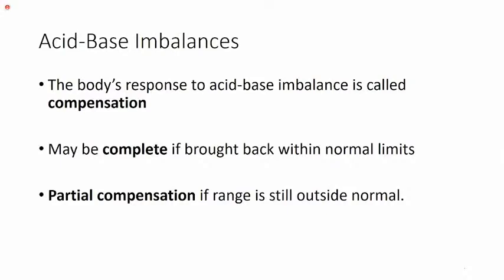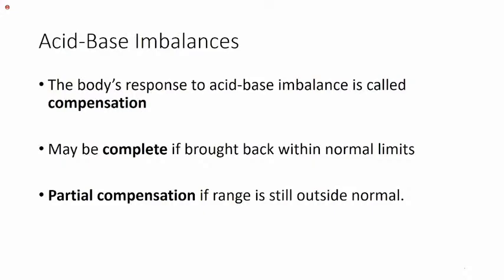When you've got an acid-base imbalance, the body's response to that is called compensation. Your body does not just sit back and let you go into acidosis or alkalosis. It tries to correct that, and that is what we call compensation. Compensation may be either complete or partial. If your body is able to bring the pH back to normal, we call that complete compensation.